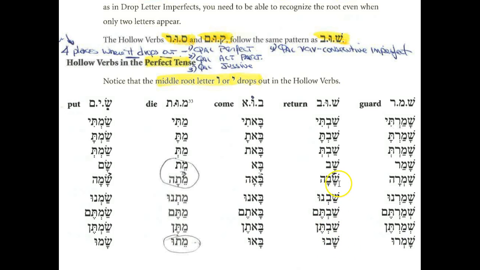And there's no third radical. In the case of bo, the vav is lost, and you just get bati, bata, bat, ba, ba'a, and so on. The same thing with mut and with seem. So the Qal perfect is the first of the 4 places where the middle radical, the vav or the yod of a hollow verb, drops out.